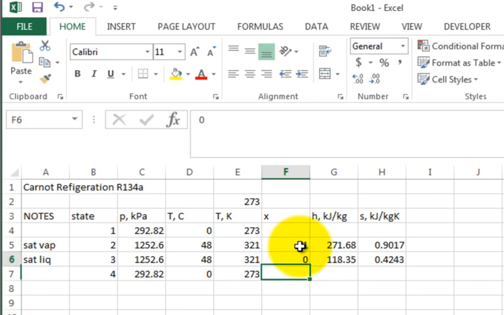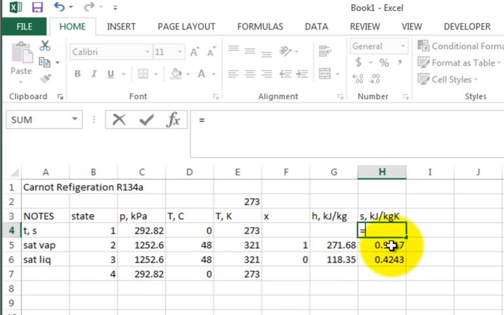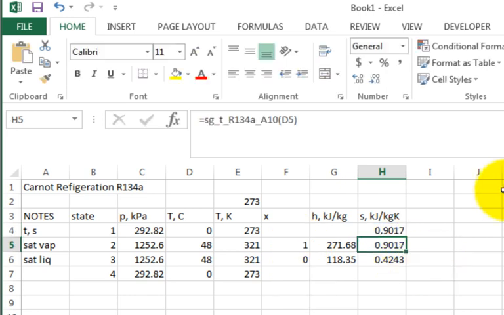But state 1, how did we know its condition? That was what goes into the compressor. We know the temperature and, from the second law, the entropy. So the temperature is already there, 0 degrees C, but this entropy I just copy from S2.